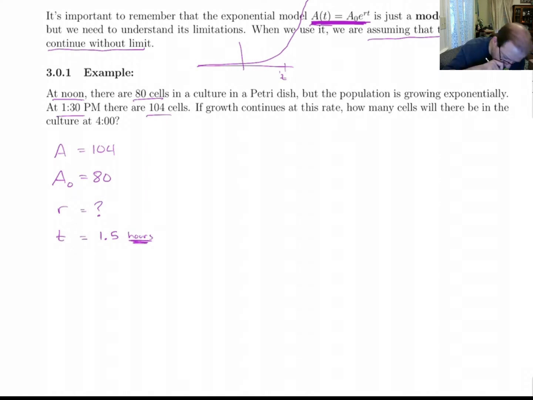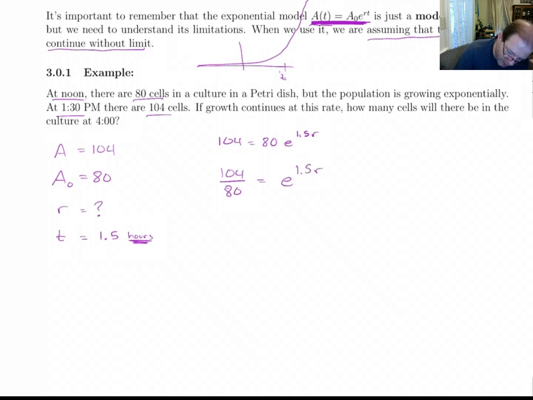Okay, so let's find r. So 104 is 80 times e to the 1.5 r. So 104 over 80 equals e to the 1.5 r. Take the natural log of both sides. 1.5, I'm going to rewrite as 3/2.